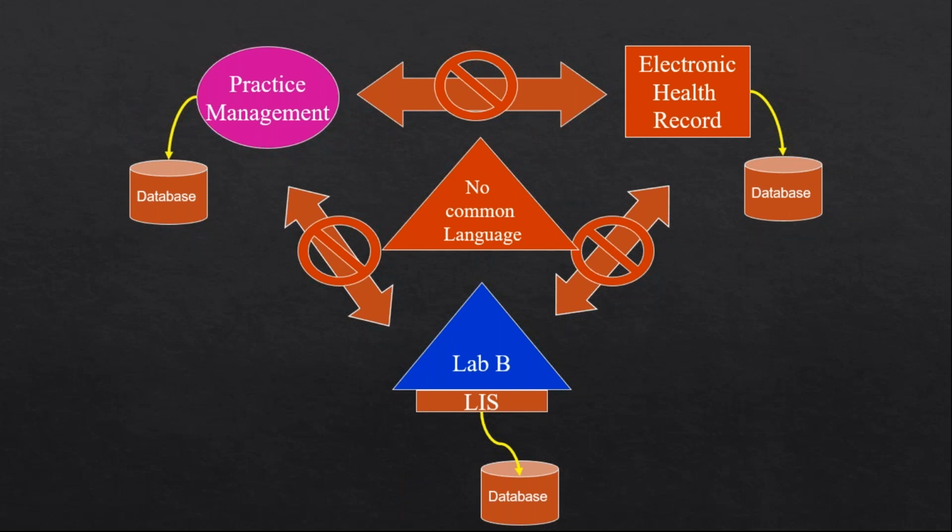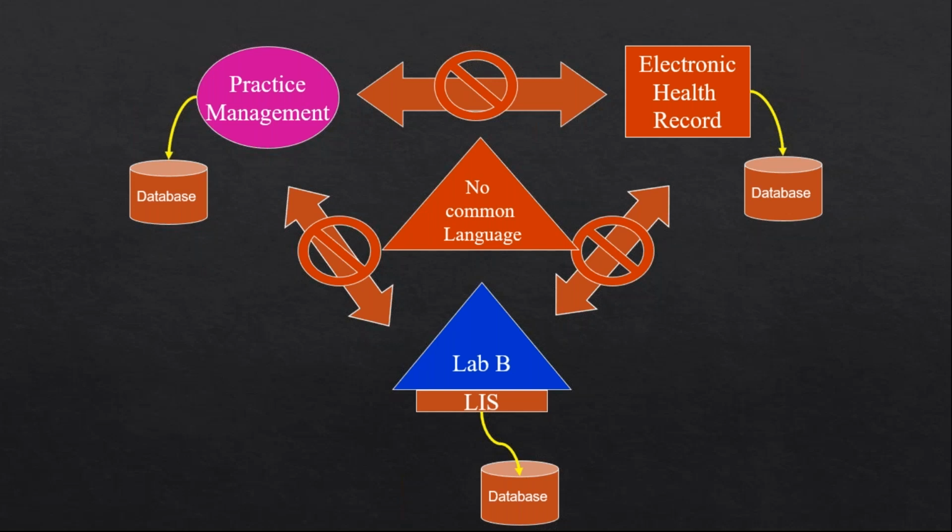So when data is saved in the PM system, it is stored into the database. And when a patient detail is stored into the database, if that data has to be sent over to the electronic health record, and the doctor has to view that in the electronic health record application, this data has to be sent to the electronic health record and stored in its database.